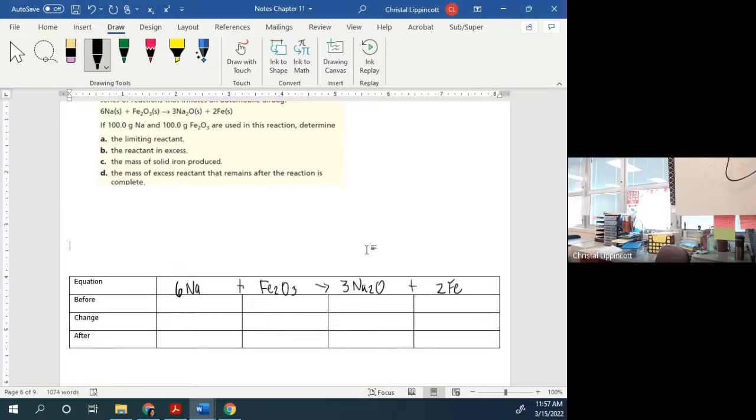It's 100 divided by 23. It's the molar mass for sodium. Oops. And do I do the same thing for the next part?